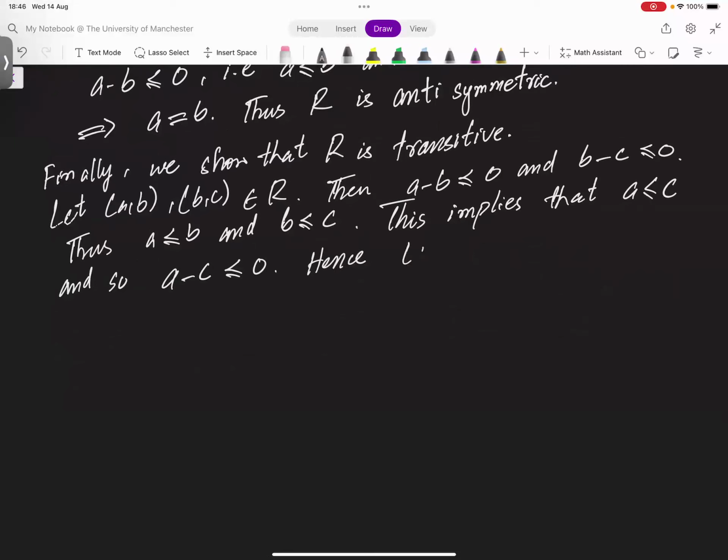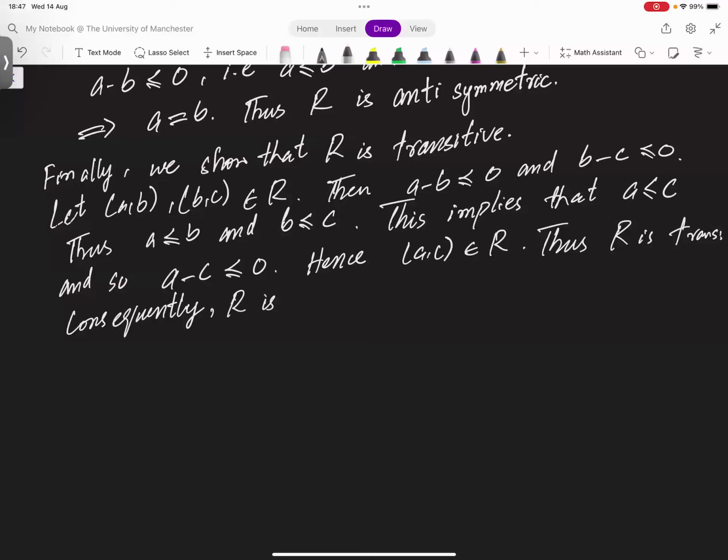Hence, (a, c) is in R. Thus, R is transitive. Consequently, R is a partial order on Z. Perfect.